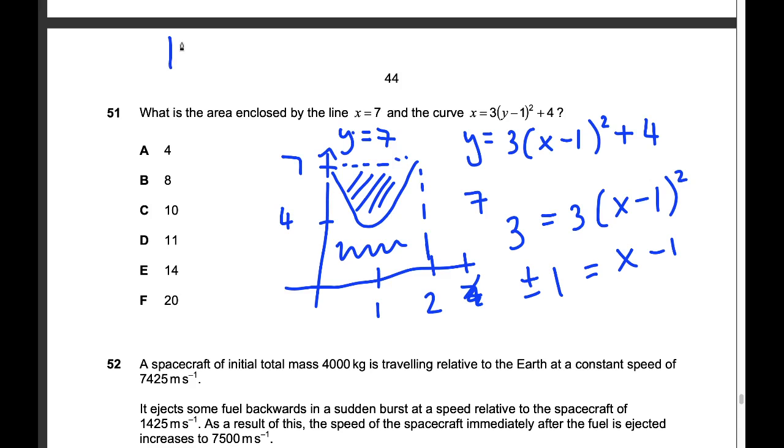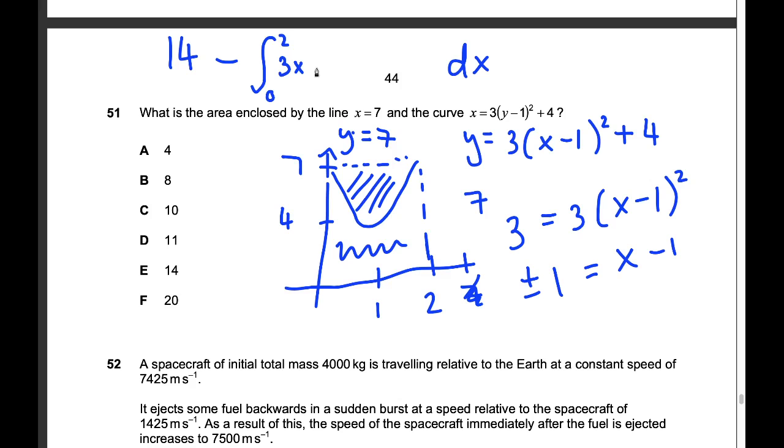So we just need to do 14 minus the integral of y dx, between 0 and 2, and this is 3x squared.